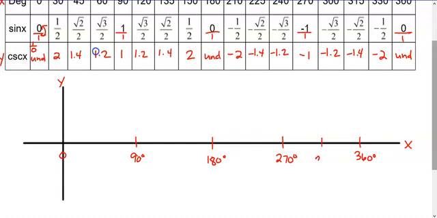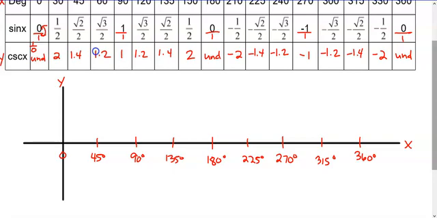And then we're going to have 315. And 225. And just get these as neat as possible. There's our 135. And our 45.